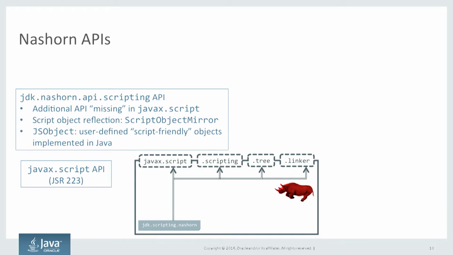Then we have the scripting API, which implements things that are missing in javax.script, and that is Nashorn-specific things. So for instance, ScriptObjectMirror and JSObject, very fine-grained access to properties, to check if something is a function, et cetera. So it's language-specific reflective capabilities that are provided by this extra scripting interface.